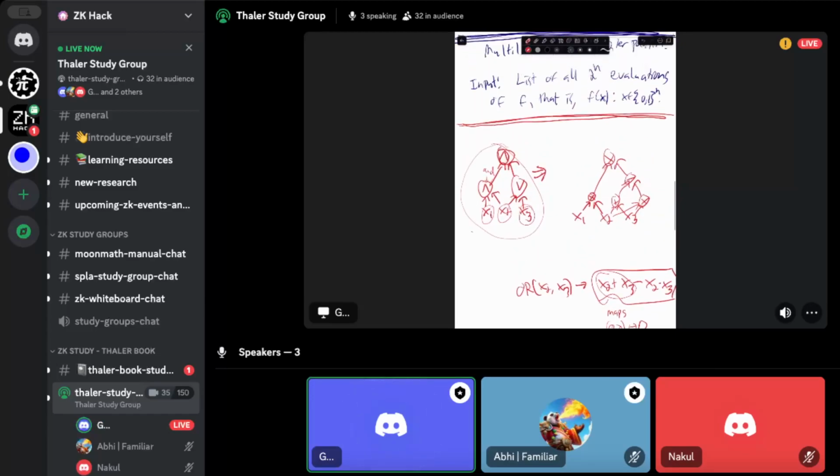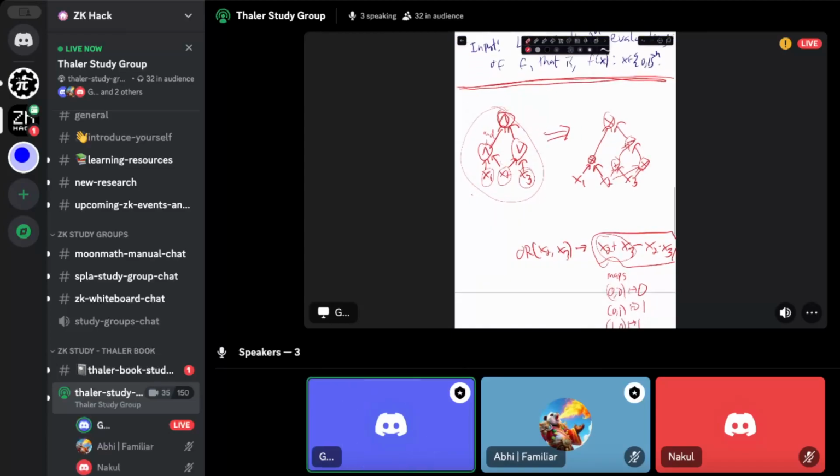Okay, so I went through a big song and dance, and what I got was an arithmetic circuit that, if you feed it an input in {0,1}^3, spits out the same value that the Boolean circuit does. Okay, so this arithmetic circuit actually describes a polynomial. Sorry, it's a multivariate, three-variate polynomial.